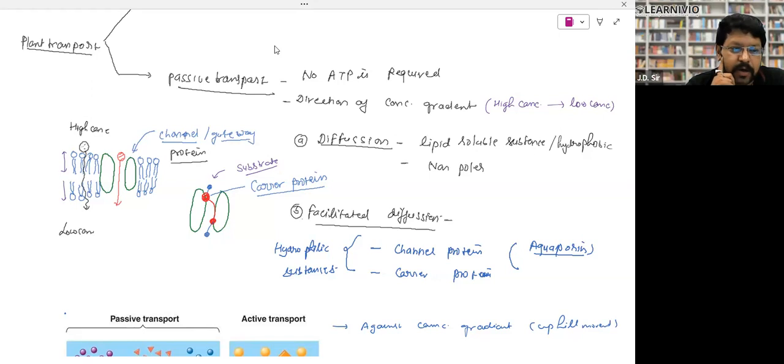Channel or gateway proteins are a type of intrinsic protein.